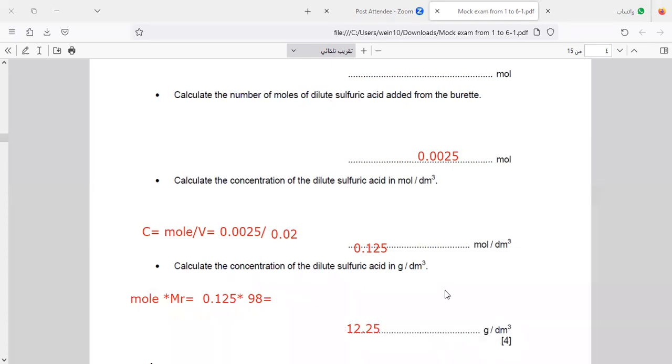So the idea here, I converted mole into grams. I need grams, I need mass. So mass equals mole, which is this, multiplied by MR of H2SO4, which is 98. This is a question about stoichiometry.